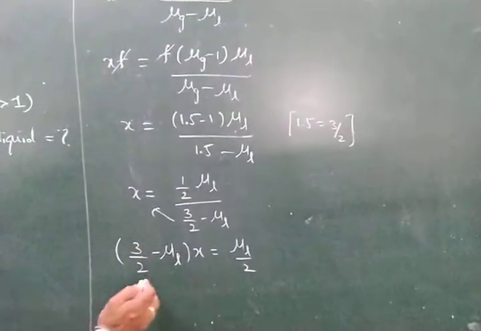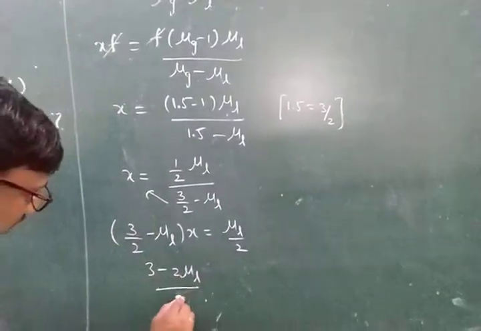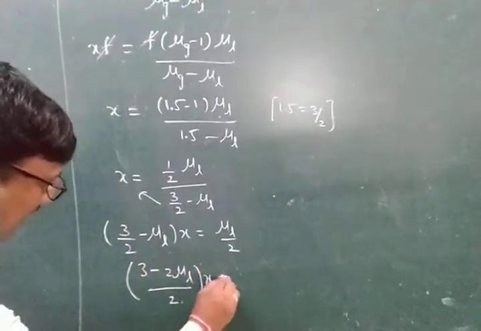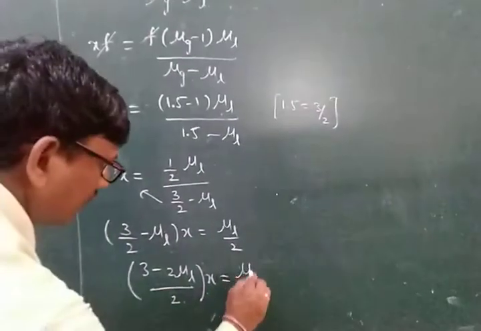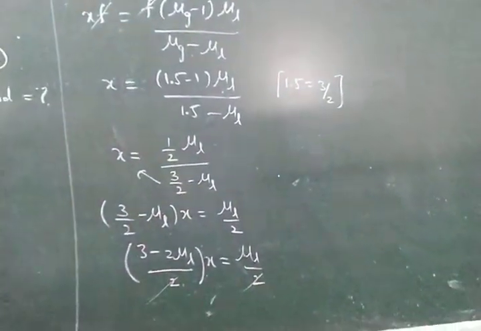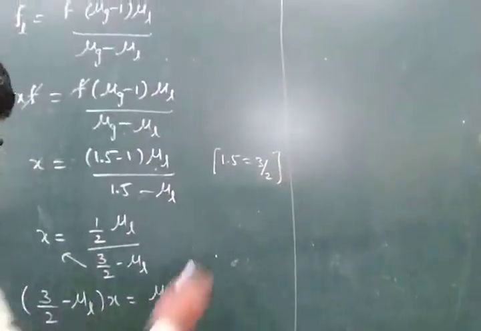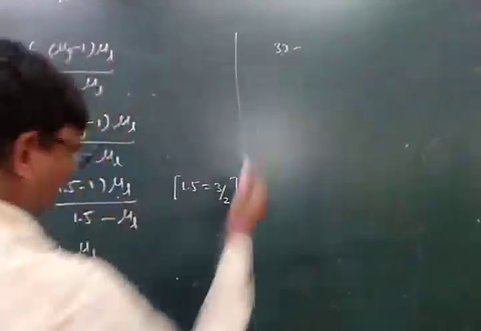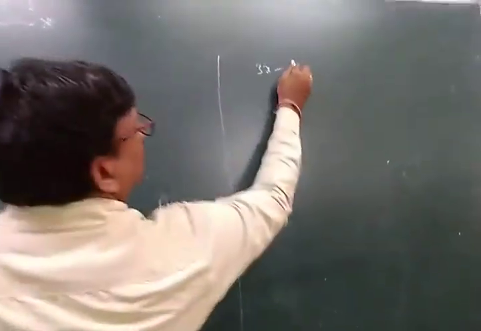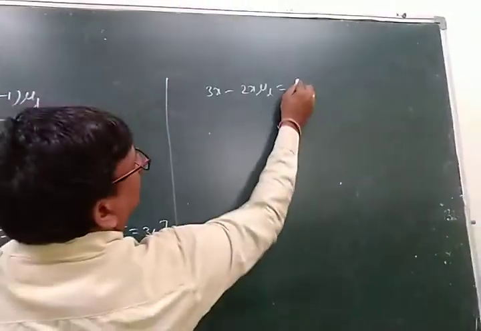Take the LCM: 3 minus 2 nu l, all divided by 2, into x is equal to nu l by 2. The 2 gets cancelled, and multiplying here, we get 3x minus 2x into nu l is equal to nu l.